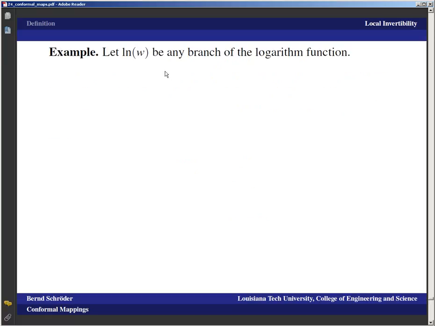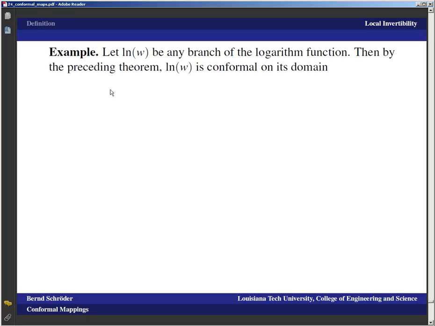Okay, so let's now take a look at one quick example, which will look terribly elementary compared to what we have done in some of the presentations that were before this one. But now that we have the formula for the derivative of the inverse, we can verify one more time how the logarithm differentiates. And so by the preceding theorem, the logarithm is conformal on its domain, no matter which branch we choose.